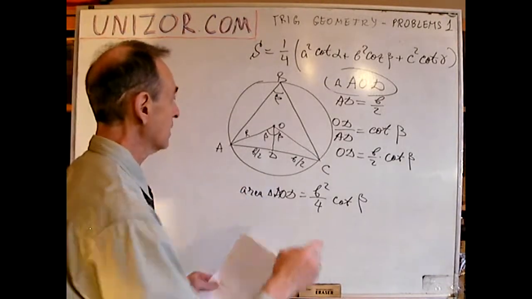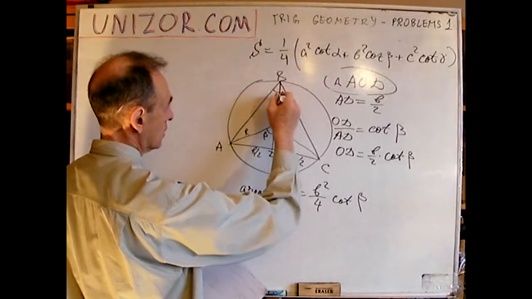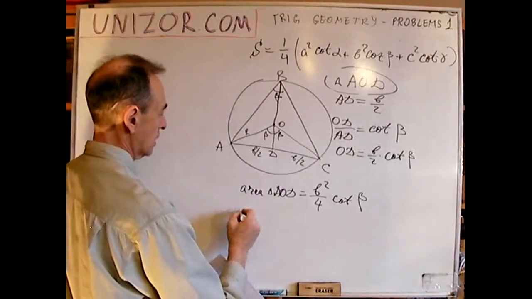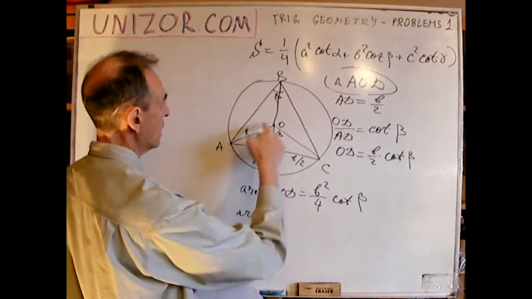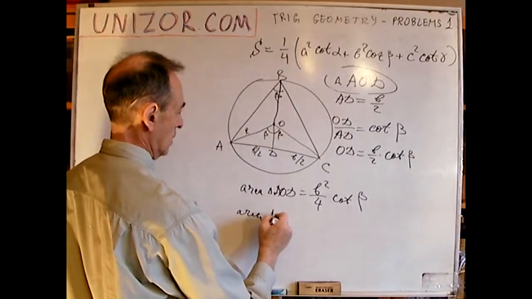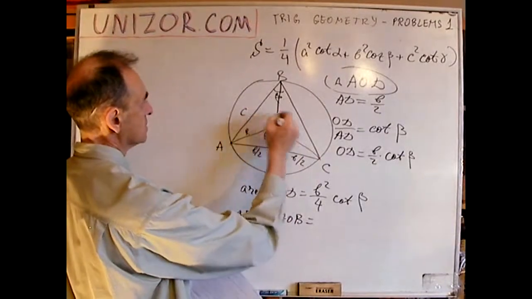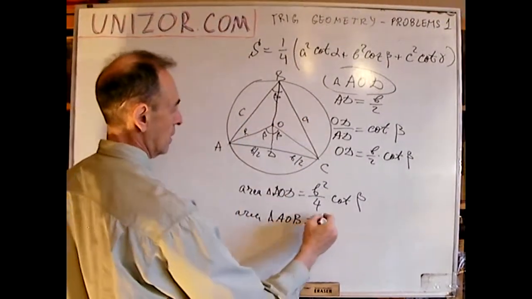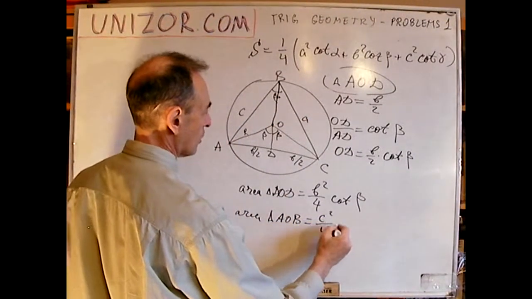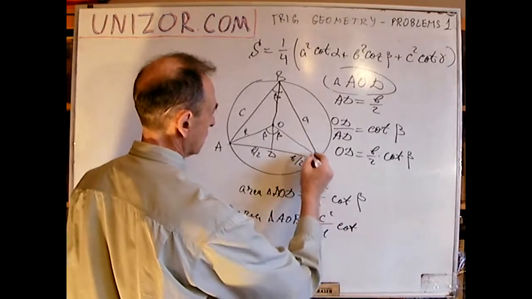Now, exactly the same way, if we draw this, we can have that area of AOB, triangle AOB, is equal to, this is C and this is A, right? So this would be C squared over 4 cotangent gamma.